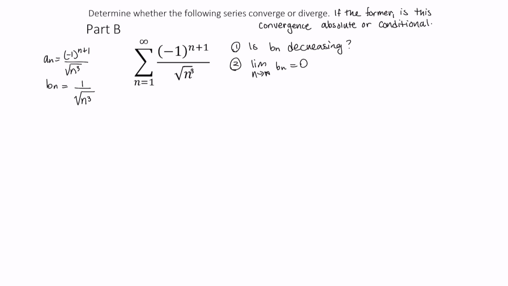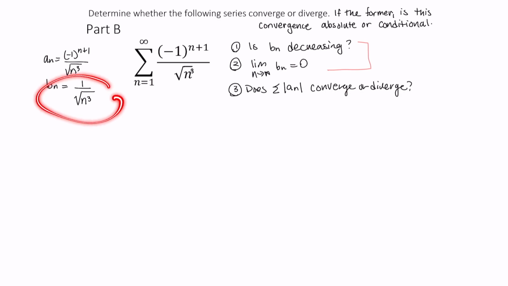And then finally, we're going to look at, does this series, the absolute value of this series, converge or diverge? So the idea is these first two criteria, if we have a decreasing term, and the limit's equal to 0, then we know the series is convergent.